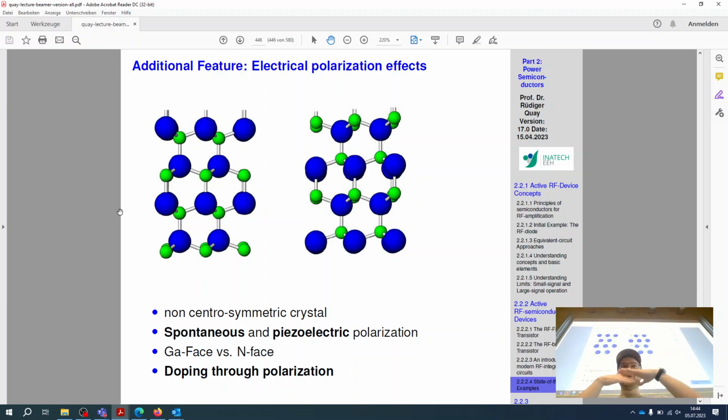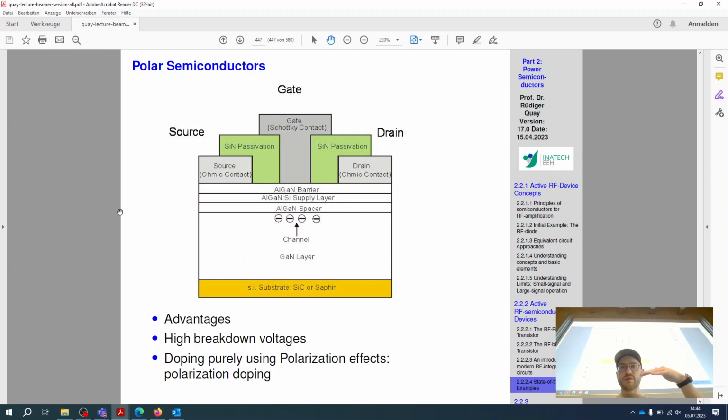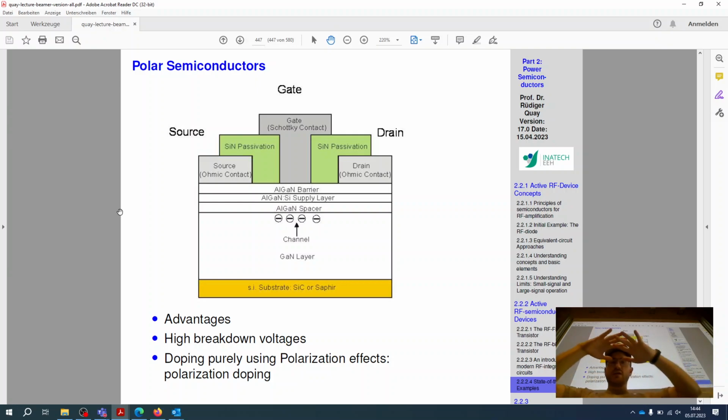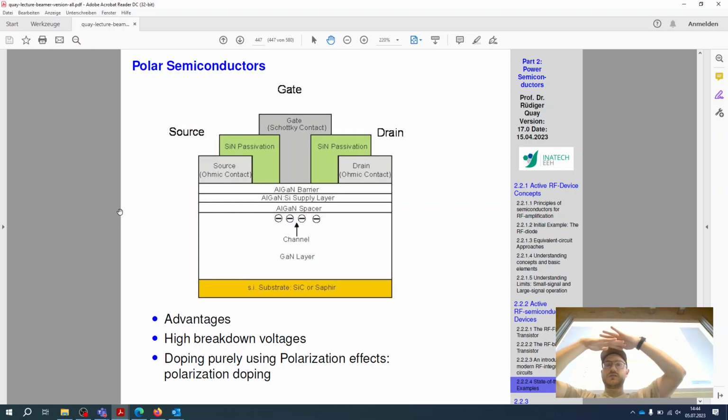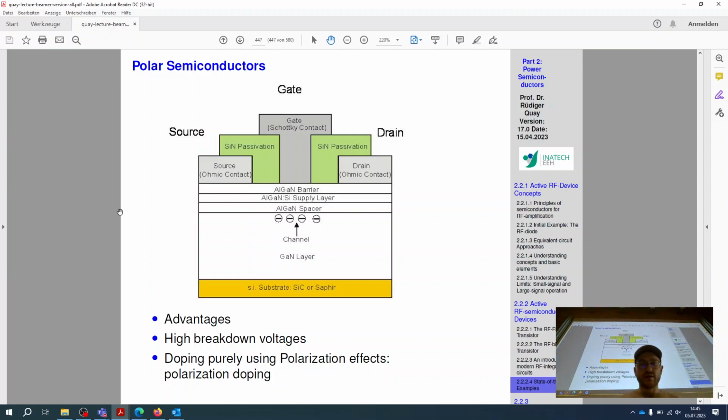So basically, due to polarized doping, with no actual concrete doping inside, rather just the aligning and growing of these respective layers with MOCVD or molecular epitaxy processes, you can grow these layers on top of each other, which then, due to spontaneous and piezoelectric polarization, generate an electric carrier channel in between that allows the transfer of electrons, the generation of carriers and electron holes, and thus the movement of the current.